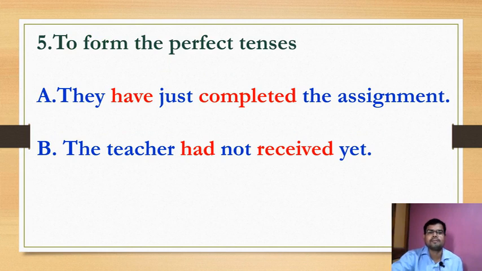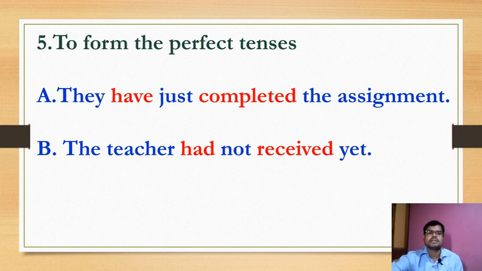Whenever we have to make perfect tenses, we know that perfect tense means what? Whenever we have to make present perfect, we use have and has. Whenever we have to make past perfect, we use had. These are the auxiliary verbs, so these auxiliary verbs can be used for making perfect sentences.